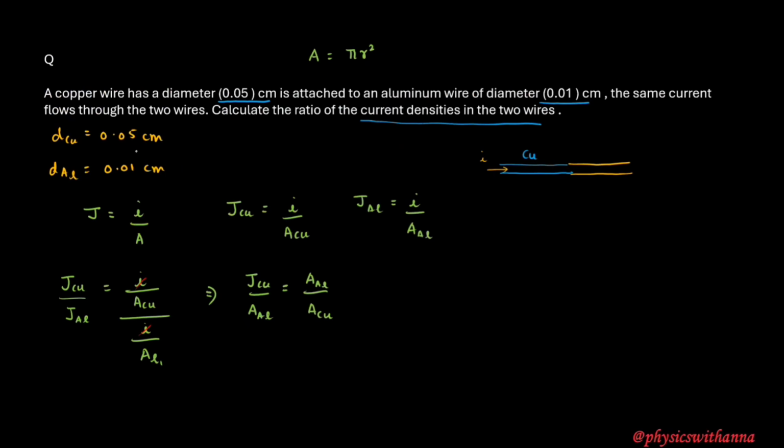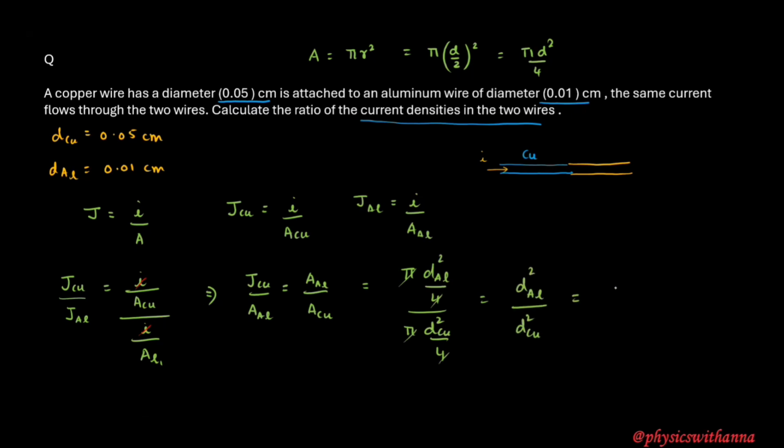Now the cross-sectional area of a wire is given as pi r squared. In place of r, we have the diameter d. So I can rewrite this area in terms of diameter as pi times (d by 2) squared, because r is d by 2. That gives me pi d squared by 4. Let's substitute: pi d aluminum squared by 4 over pi d copper squared by 4. Cancel off the pi, cancel off the 4. You are left with the diameter of aluminum squared over the diameter of copper squared.